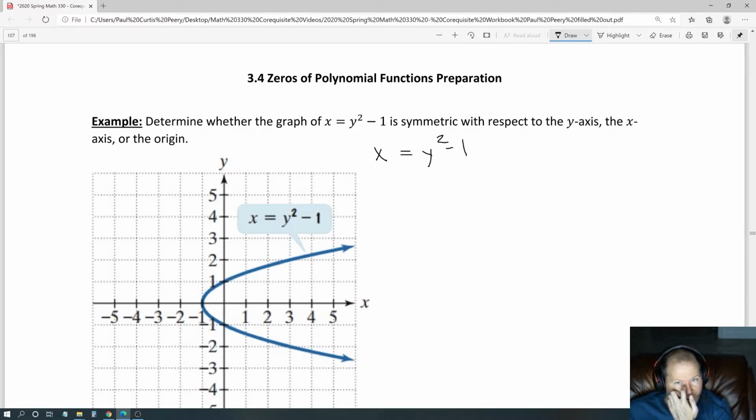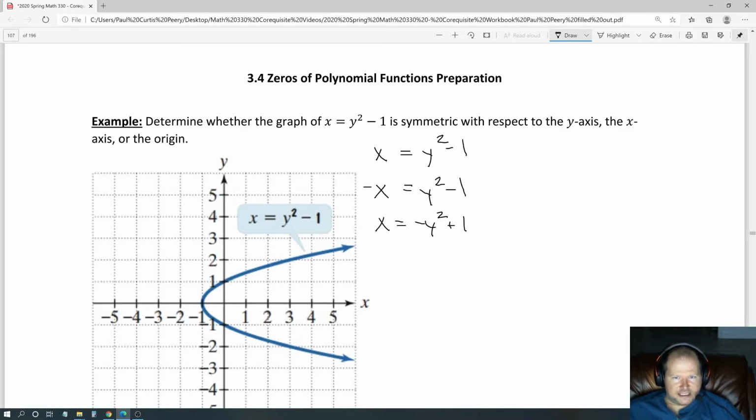To find y-axis symmetry, we plug in a negative x, right? So negative x is equal to y squared minus 1. As you can see, these are not equivalent. I can even divide everything by negative 1 or multiply everything by negative 1, we just flip the signs, and I still can't get the original equation.